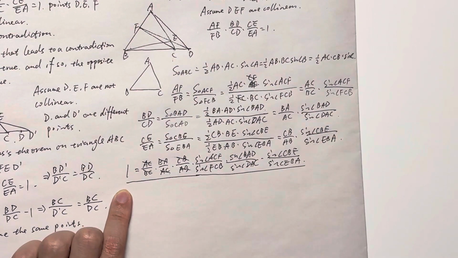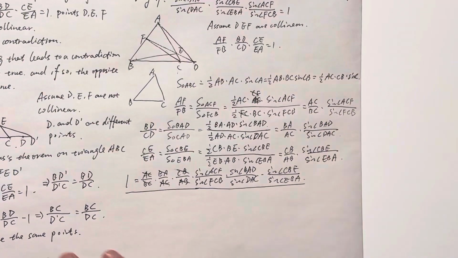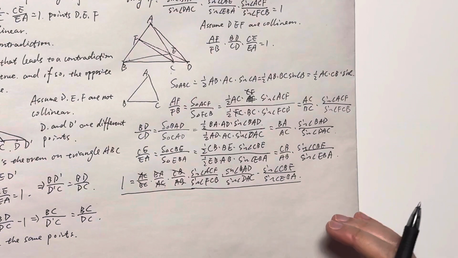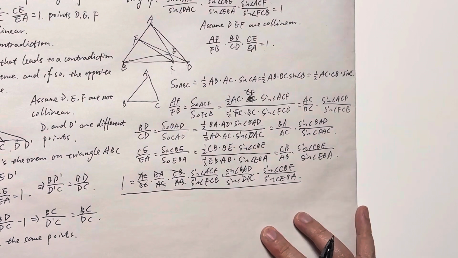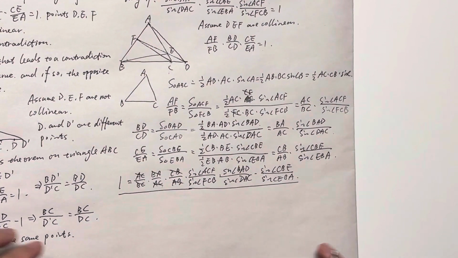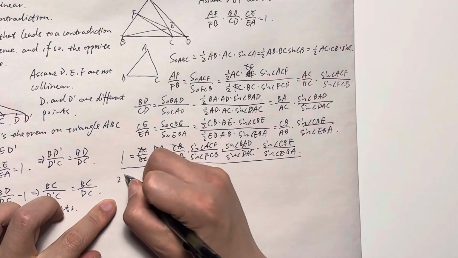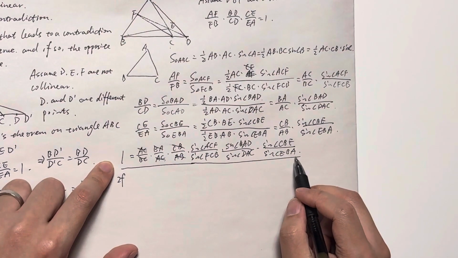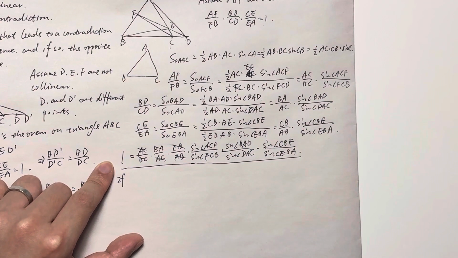We proved the angle form of the Menelaus theorem, and now let's prove the converse of Menelaus theorem in angle form, right? So if this equation is valid, we want to prove that FED are collinear.